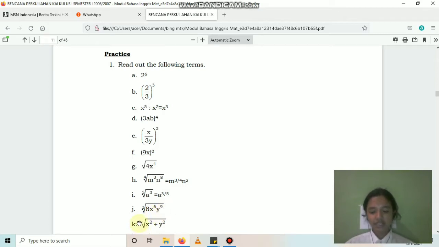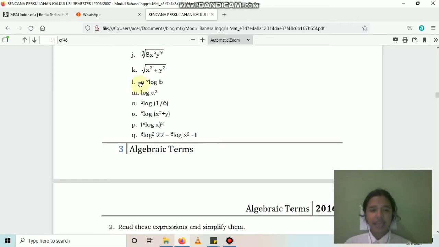Next, the square root of x squared plus y squared. Next, a log b to the base of x. Again, a log b to the base of x.